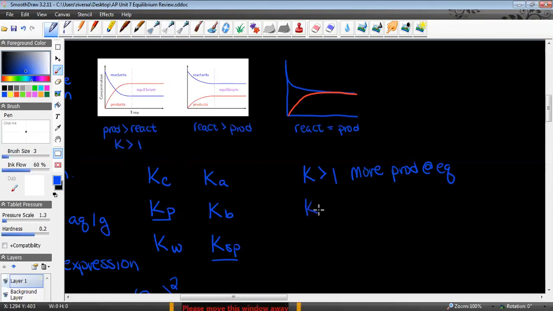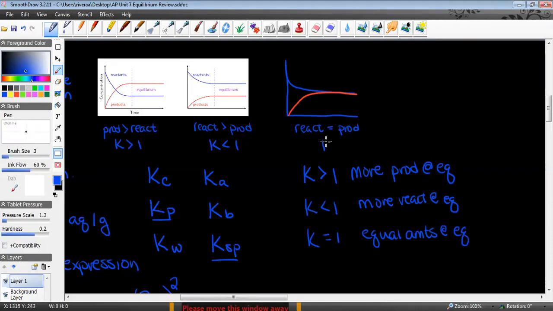If you have a K that's less than 1, it means that you're going to have more reactants at equilibrium. Another fancy way to say this is products predominate or reactants predominate. And if you have a K that is equal to 1, it means you have equal amounts at equilibrium. So that's what the magnitude of the K value tells us.